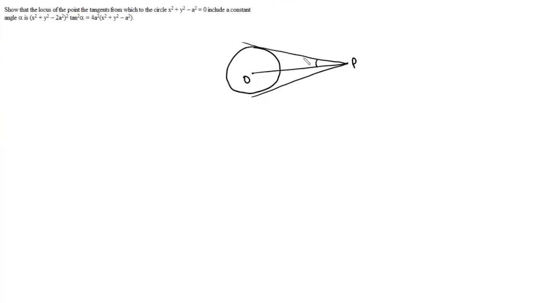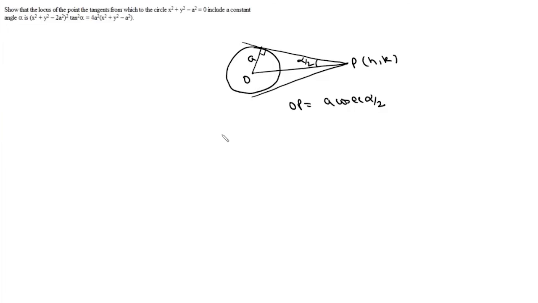So here this angle will be simply alpha by 2. This is A, and suppose this point is (h, k). Now once we have this A and alpha by 2, we can write OP, and OP is basically A cosec alpha by 2.